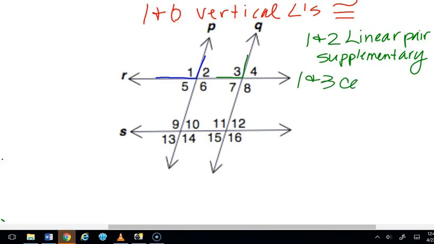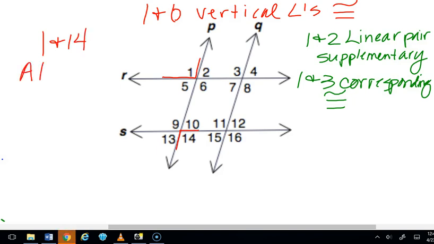We call corresponding. And again, these are congruent. Then let's talk about 1 and 14. 1 and 14 we call alternate exterior angles, and these are congruent.